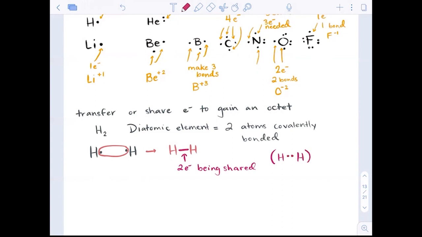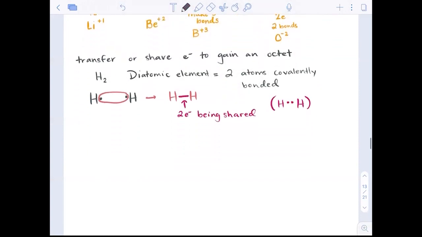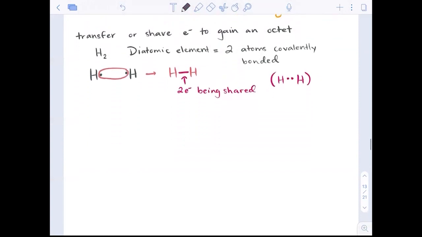Notice for a covalent bond that the bond is physical, it's direct. For an ionic bond, we talked about the lattice. Let's just look at another one. We'll do chlorine diatomic. Chlorine has 7 valence electrons, so we count up our Lewis dot atoms accordingly.